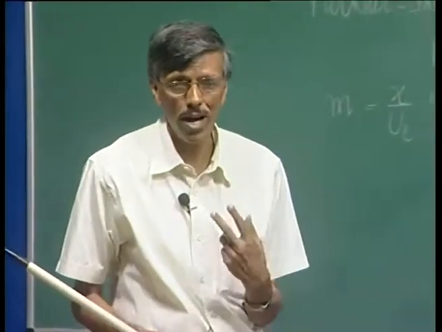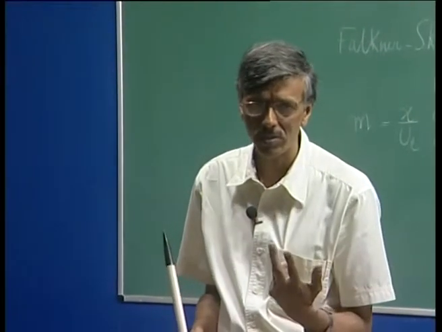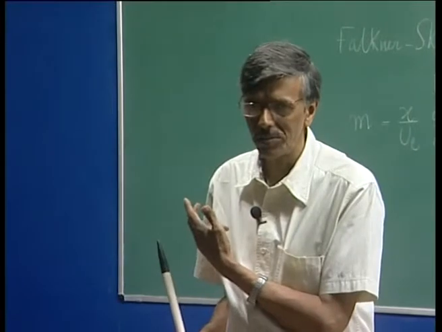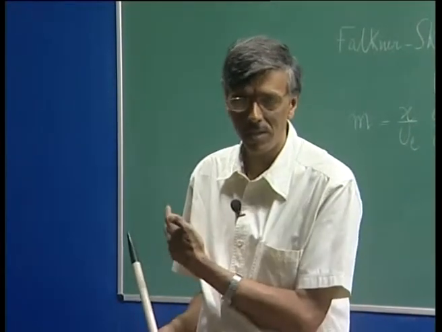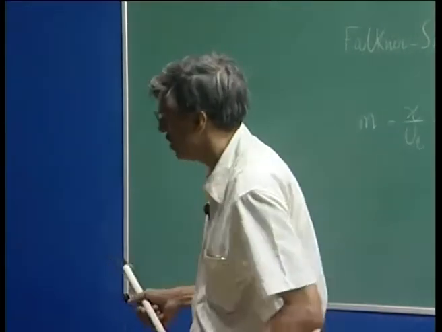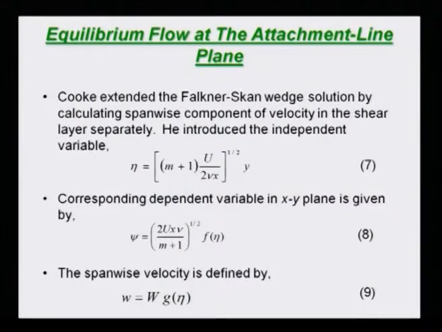So, basically we are trying to depict the flow in terms of two quantities, a stream function which is given in terms of its non-dimensional value f, and a non-dimensional spanwise velocity component which is given in terms of g of eta.